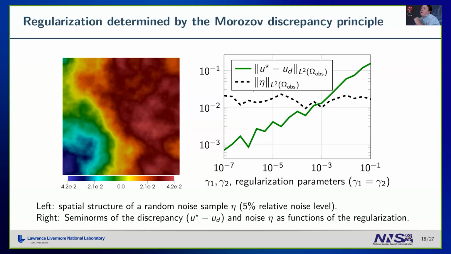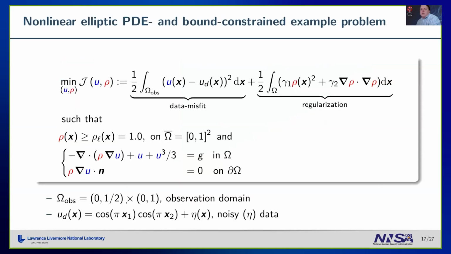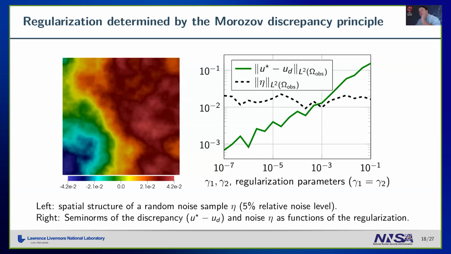We compare that to the synthetic noise that we use to corrupt the data itself. So we have some data field UD that we added some noise to, and then we choose the regularization parameter so that the noise matches the discrepancy. That's really so we don't over or under fit the problem.